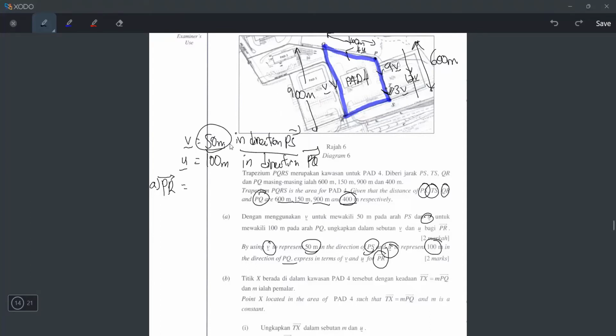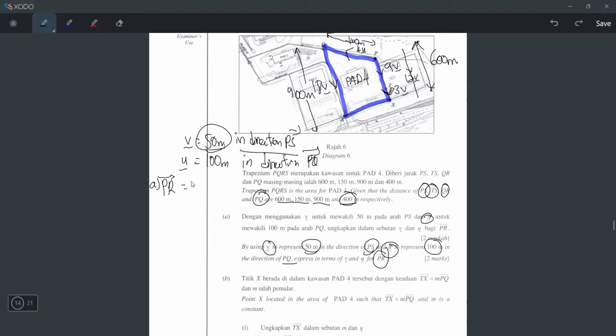You take 900 divided by 50, so it's 18V. 900 meter is 18V, because they say use V to represent 50 meter in this direction. Even though QR is not on the PS line, since they are parallel, you can also use V to represent it.